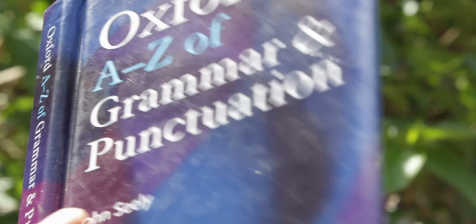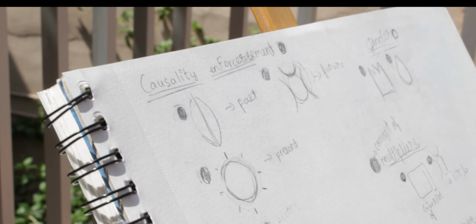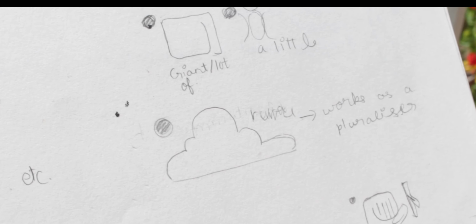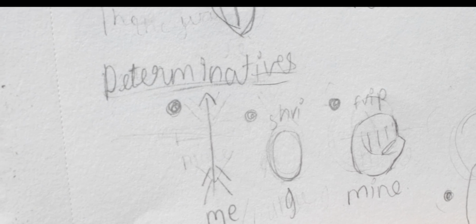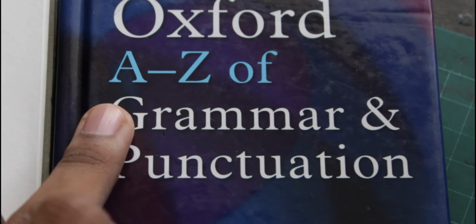In terms of grammar, we've got all the grammar. We've got causality enforcers, we've got pointers, we've got multipliers, we've got determinatives, we've got genders. I don't know if that should be part of grammar because there are only two.